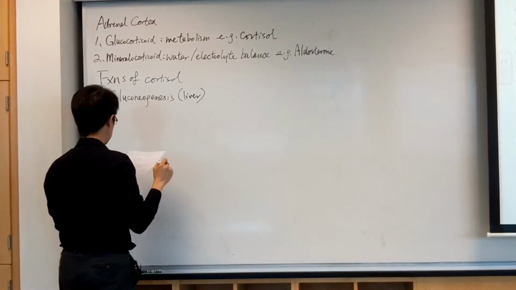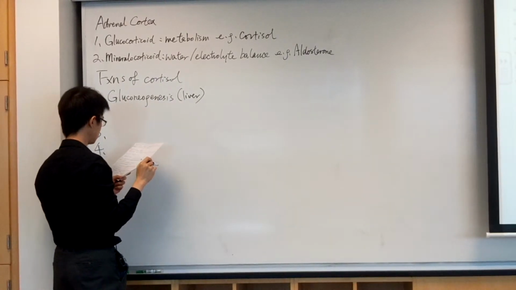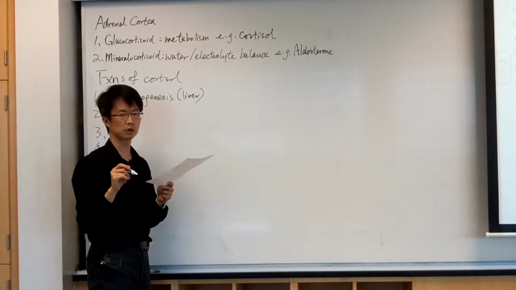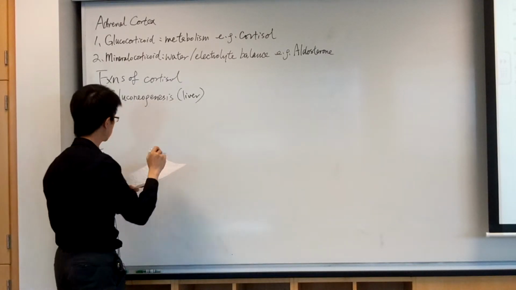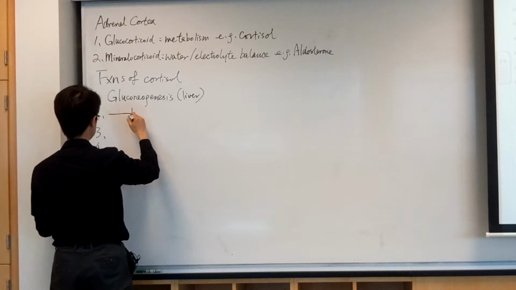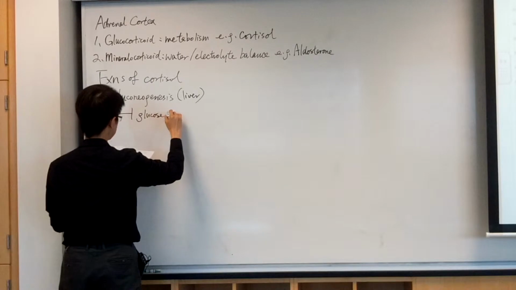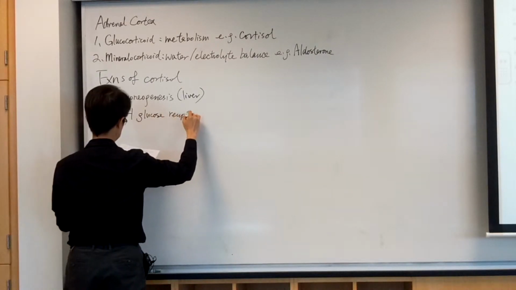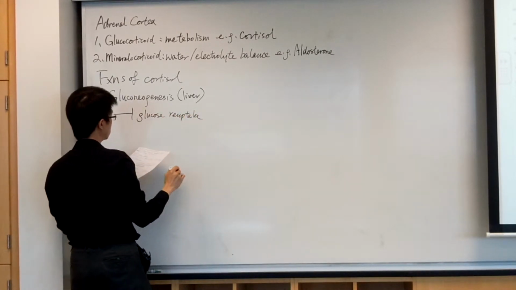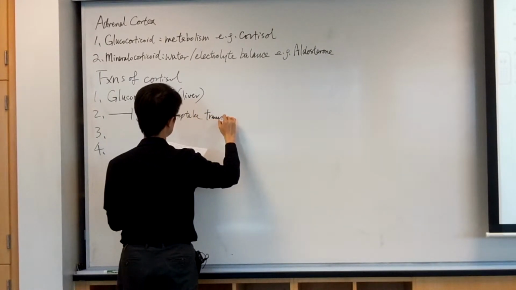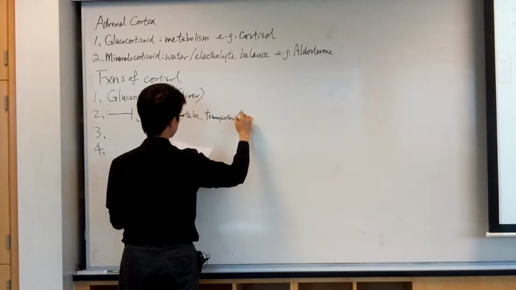And then we can increase the glucose in the body by inhibiting the glucose reuptake transporter, location muscle.